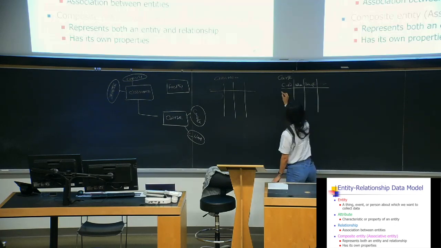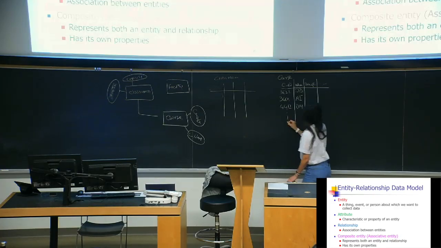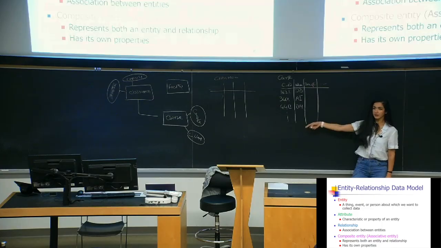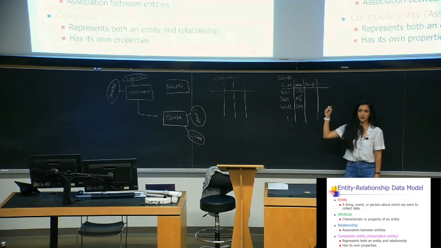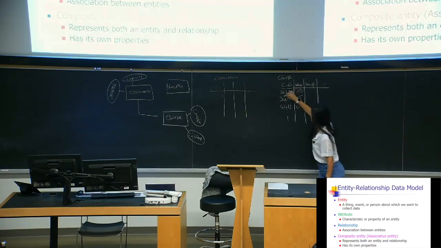And this could be, for example, 3421, the name is database, and then we have 3401, which is the AI course, and then 4412, which is the data mining course, and so on. Now, what is important here is that first, we cannot store multiple values in one cell. What is a cell? This is one cell.